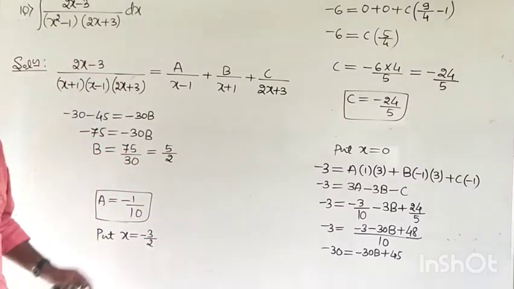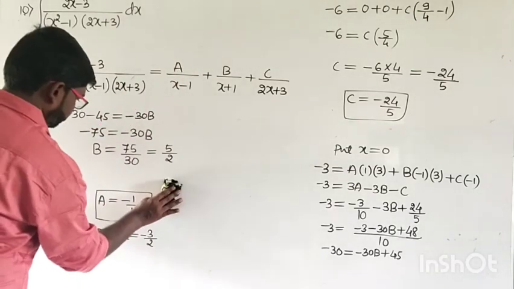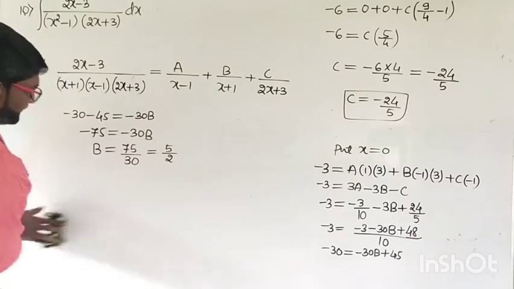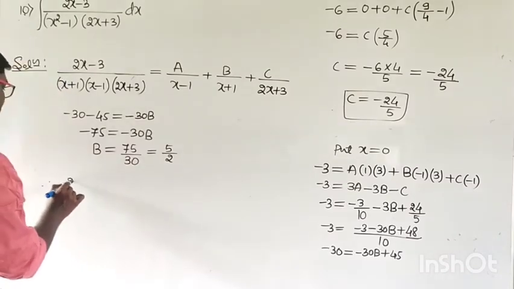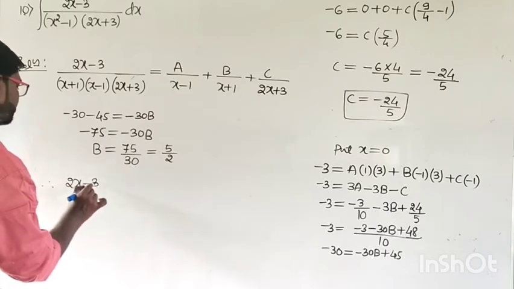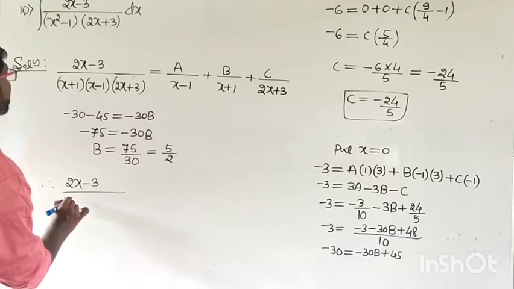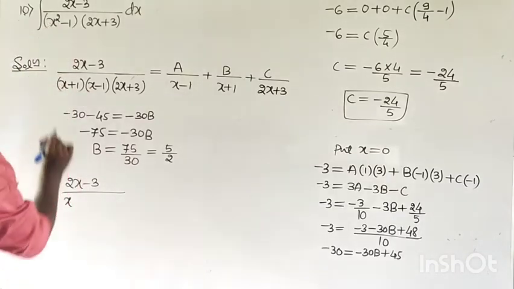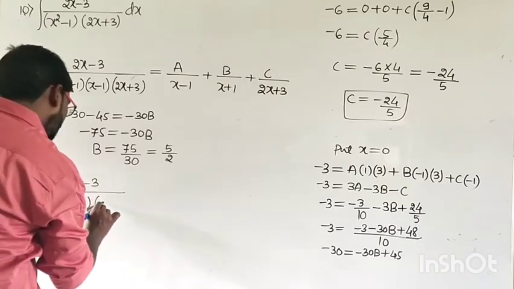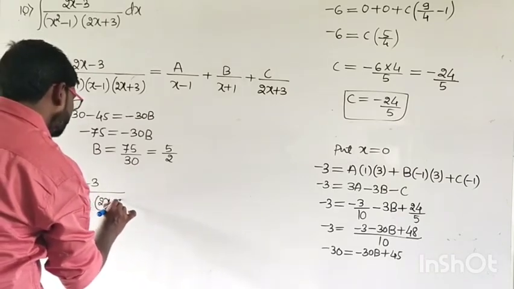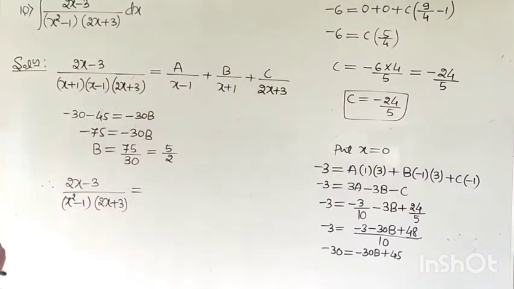Now we have to substitute the A, B, C values in this particular equation. A is minus 1 by 10. Therefore (2x minus 3) divided by (x plus 1) into (x minus 1), which can be written as (x square minus 1) into (2x plus 3), is equal to A divided by x minus 1.